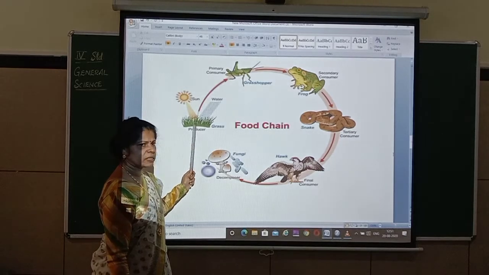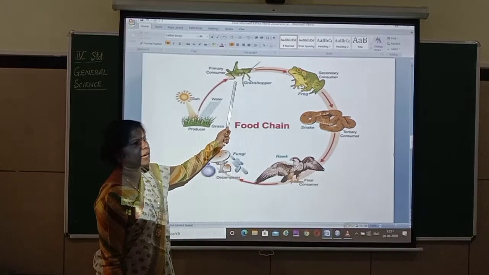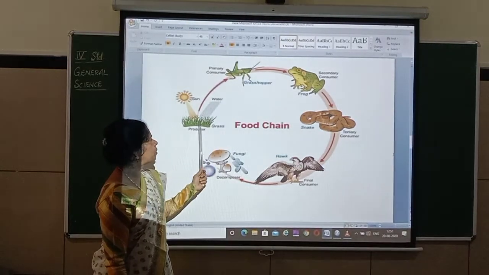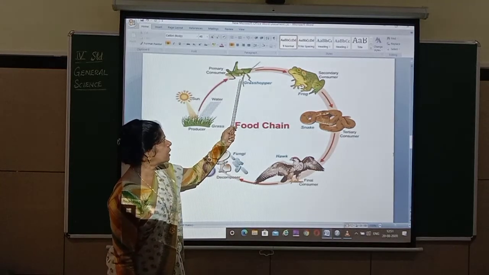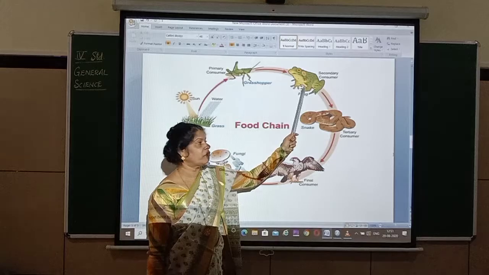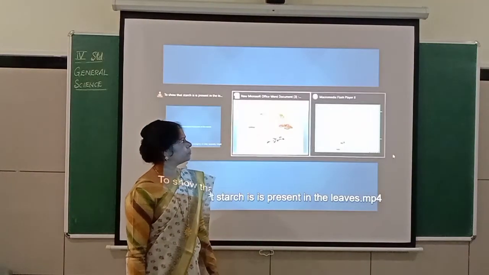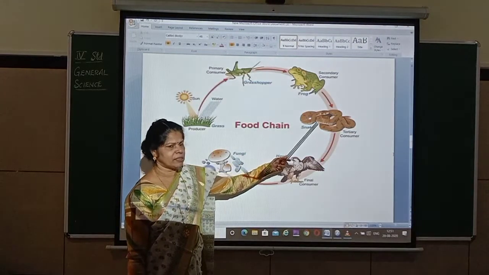Now what happens? These plants are eaten by the herbivores. For example, here they have taken the grasshopper, which is called a primary consumer. So this grasshopper directly depends on grass. Now this grasshopper is eaten by the frog. That frog is eaten by the snake.